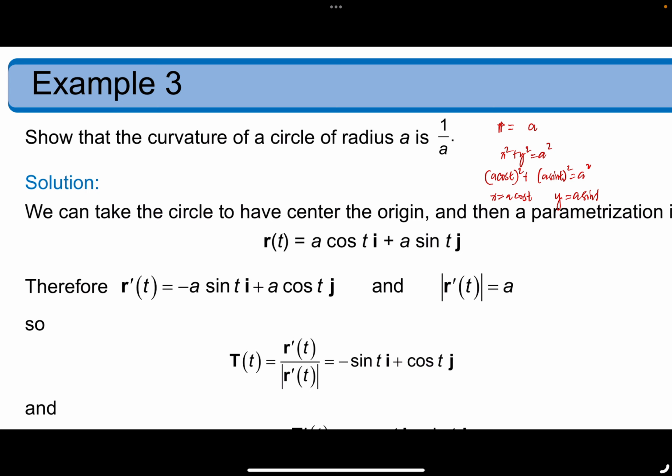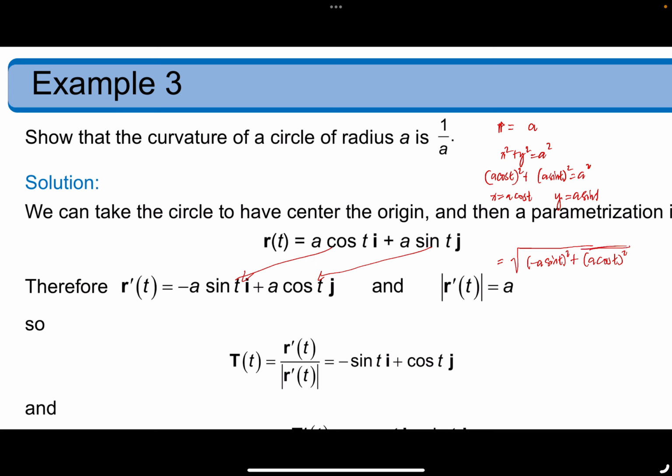Taking the derivative, the derivative of a cosine t is negative a sine t, and the derivative of a sine t is a cosine t. So for the magnitude of the derivative, it would be the square root of negative a sine t squared plus a cosine t squared.